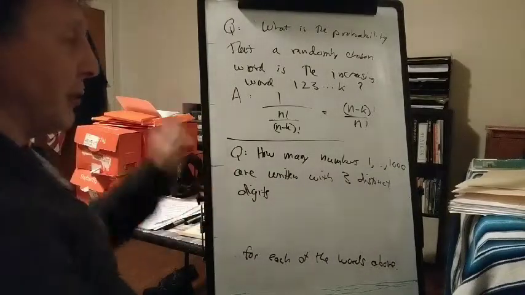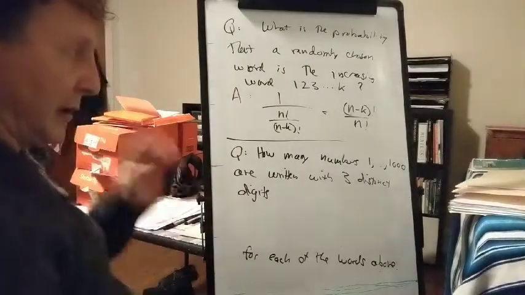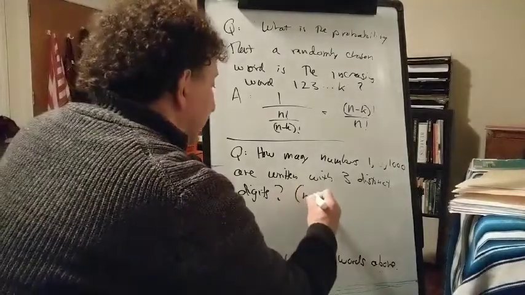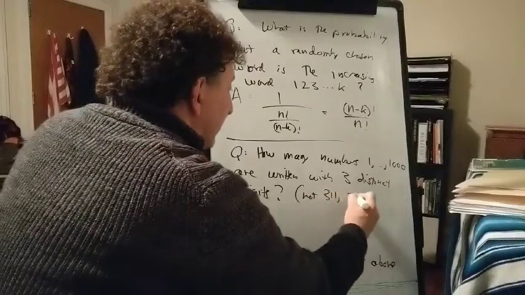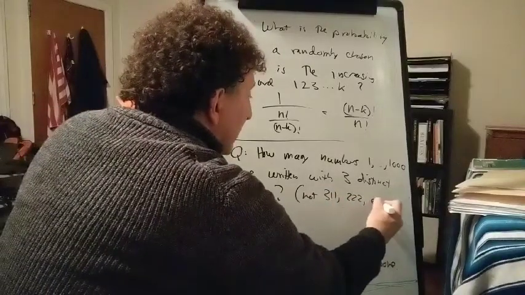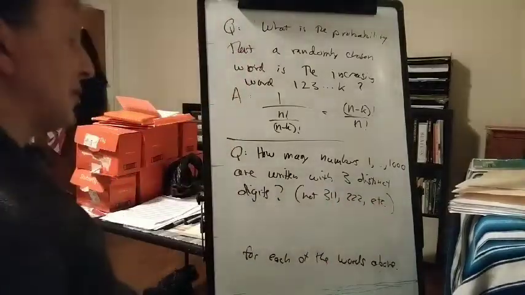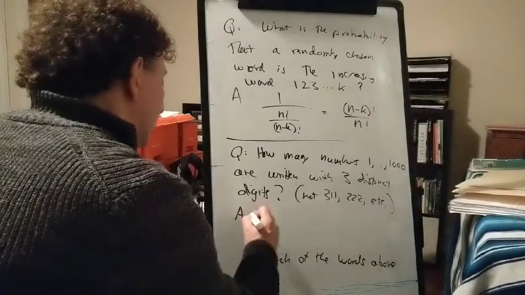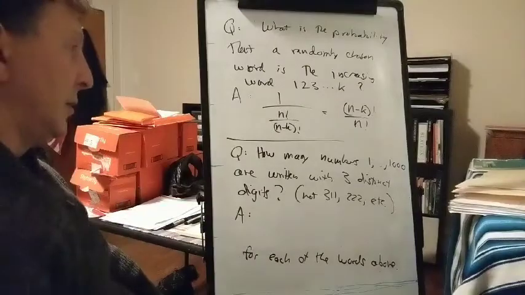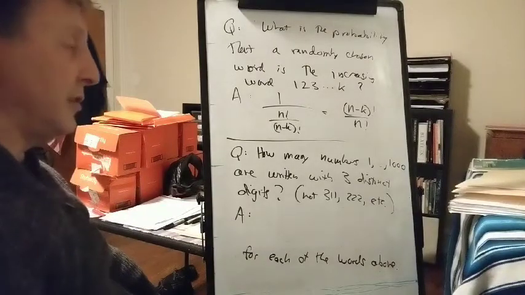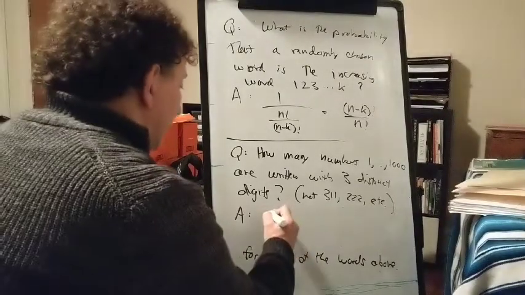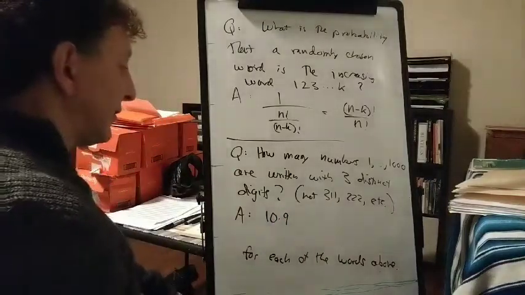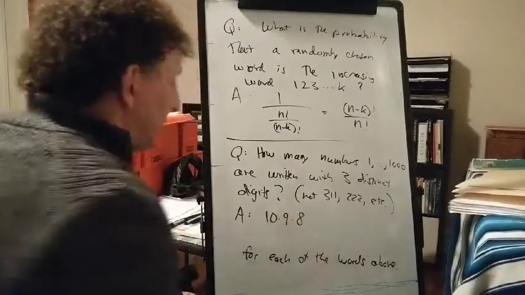So no numbers with repeated digits. No 311, no 222. So how many of those numbers have 3 different digits? Well, the digits are going to be 0 through 9. So there's 10 choices for the first one, times 9 choices for the second one, times 8 choices for the third.